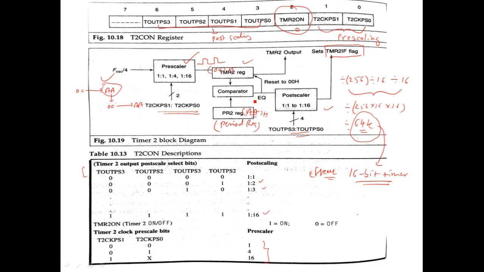Care has been taken because in a single IC, many facilities are provided, 3 timers and a number of other facilities. But in a given application, all the facilities may not be needed. If you don't need a facility, it is better to keep it switched off. Otherwise that circuit will keep on consuming power, because many times automatically controlled systems may be battery operated, and whenever the system is battery operated, you have to worry about the power consumption.